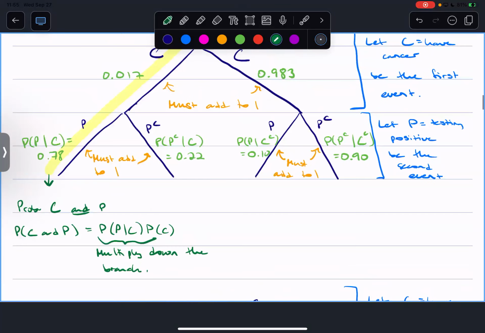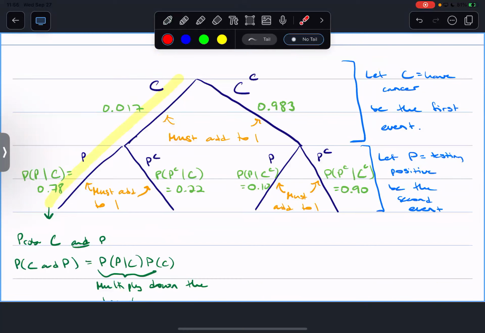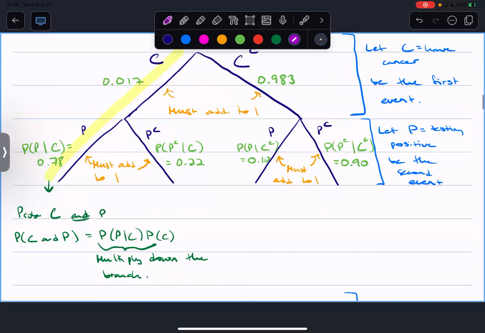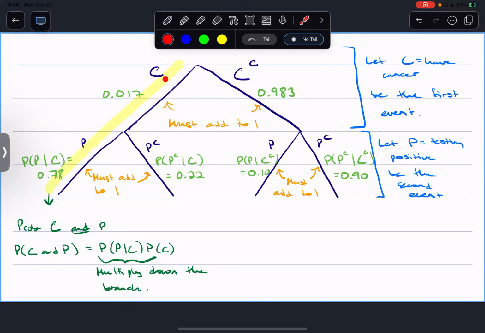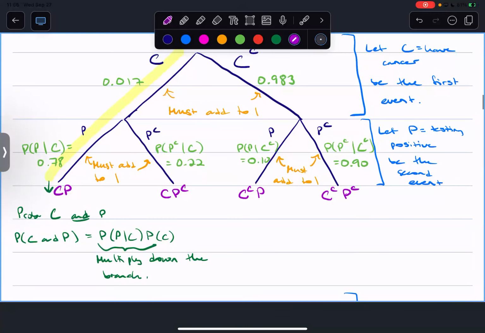So I can multiply down all these branches: cancer and P, cancer and not P, not cancer and P, not cancer and not P. How I short form this when I'm writing, and let's use purple, is instead of writing the probability of C and P, I just write C followed by P, C followed by not P, not C followed by P, and then not C followed by not P. It's just a guide for me to figure out what happened down all those branches.